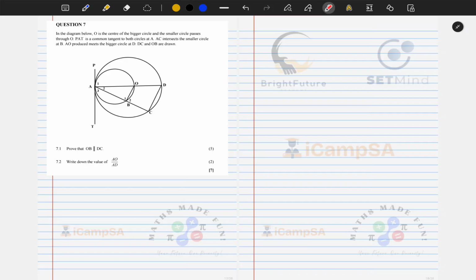Great. So now let's go on to trying to prove this. We are dealing with 7.1. In 7.1 they are saying that we must prove that OB, this is line OB, is parallel to DC.